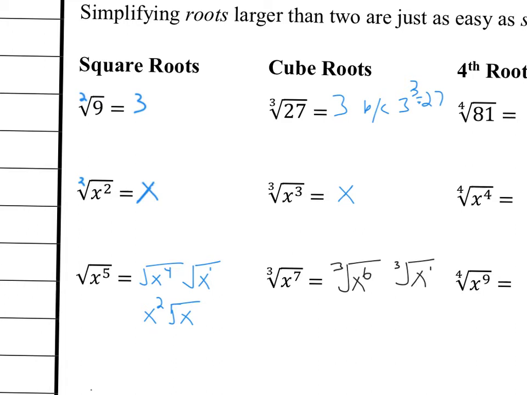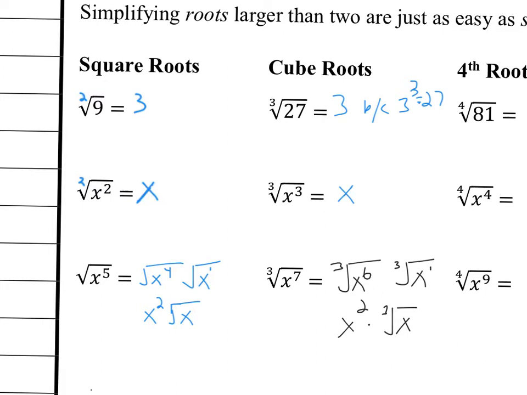Notice that we have a 6 and a 1, which makes 7. 6 is divisible by 3, so when I divide it, I end up with the third root and the 3 canceling to make 6 divided by 3 is 2, x squared. And then we have times the third root of x to the 1st.